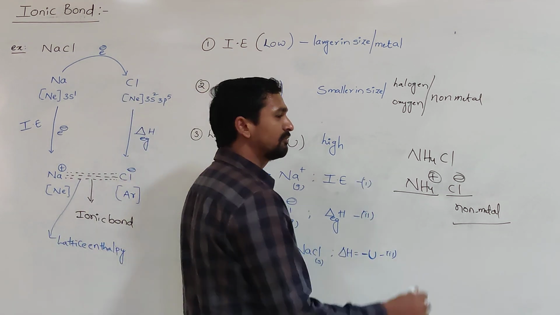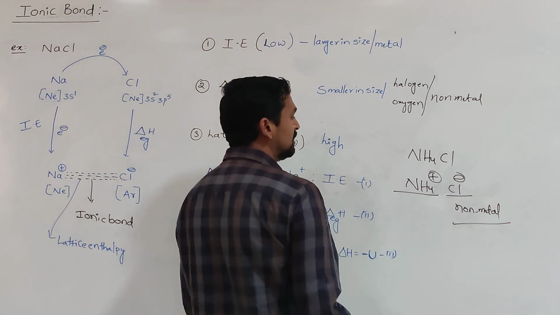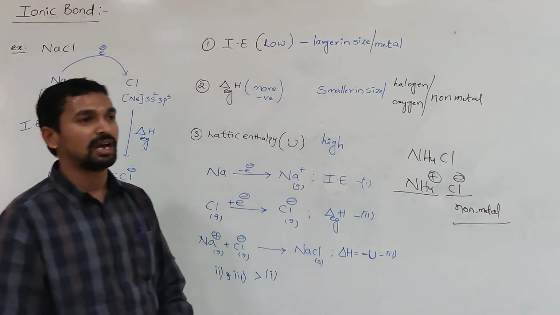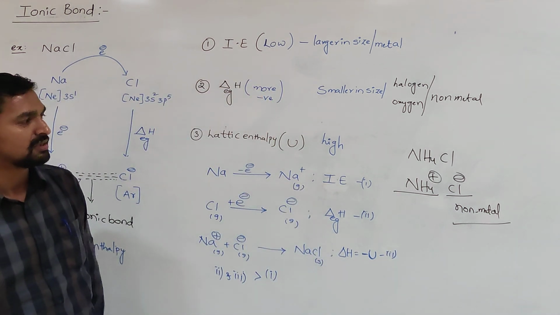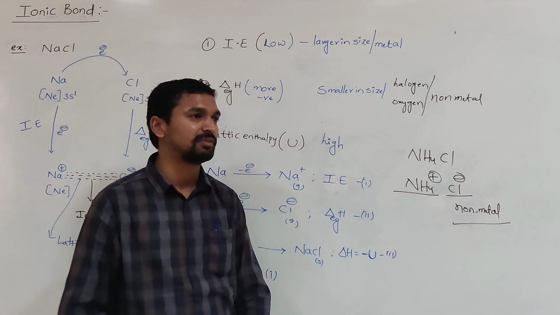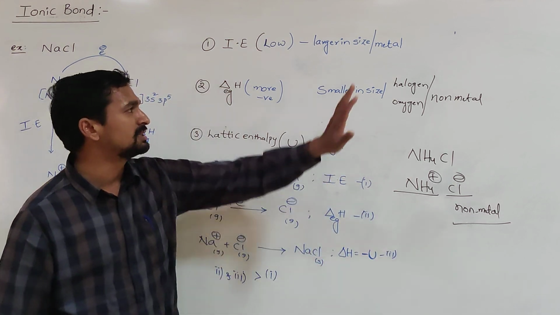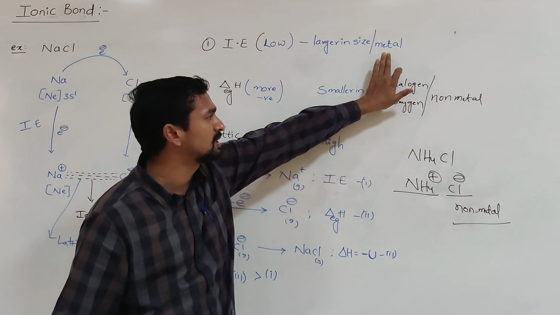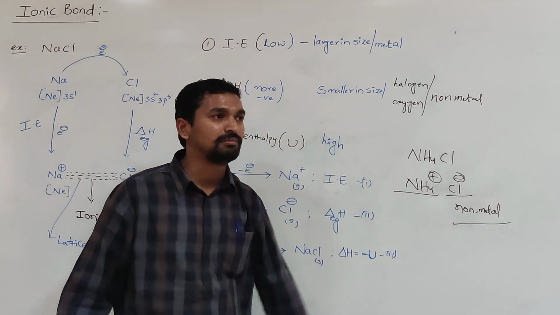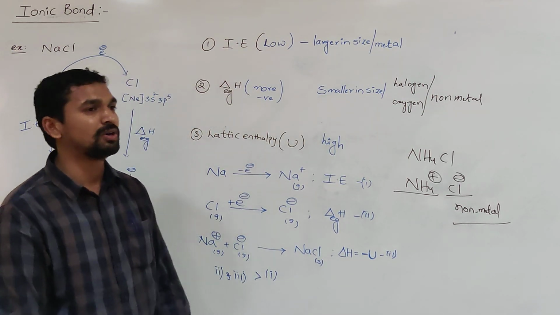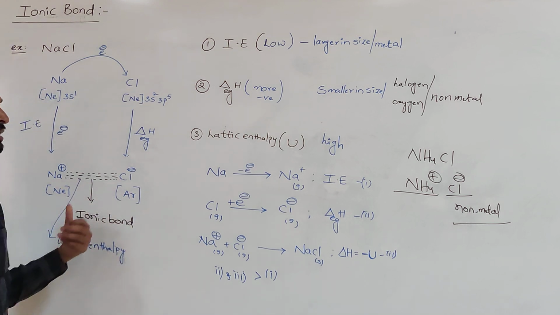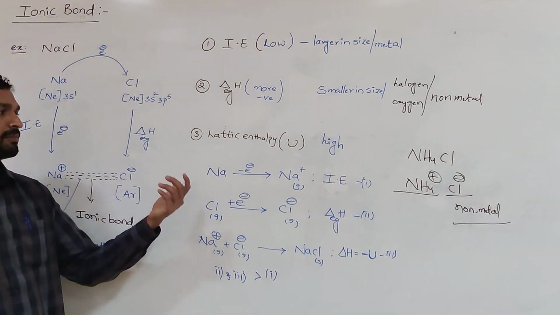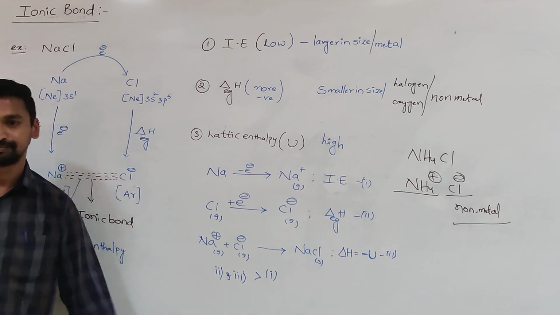However, there are a few exceptions where the ionic bond formation takes place between non-metals also, in very few cases, especially in the case of the ammonium ion. But in most cases, ionic bond formation takes place between metal and non-metal atoms. So this is about the formation of the ionic bond and the factors favorable for its formation.